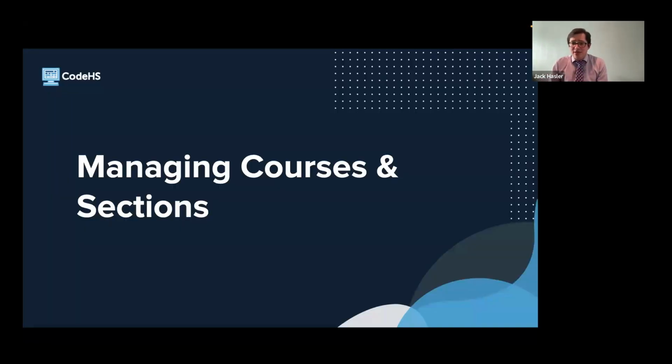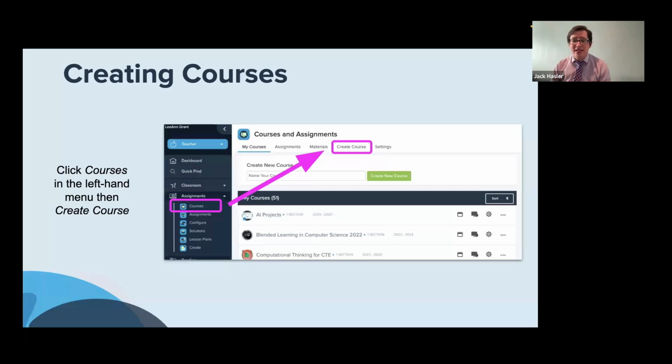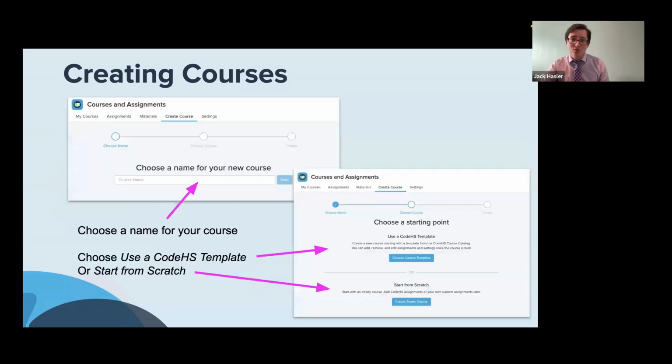In terms of managing your courses and sections, what I really like, if you've had any experience with learning management systems in the past, whether that's Blackboard or Moodle or Google Classroom or anything like that, CodeHS is like that, but even simpler, right? So you can go ahead and create your course for any of the courses you want.